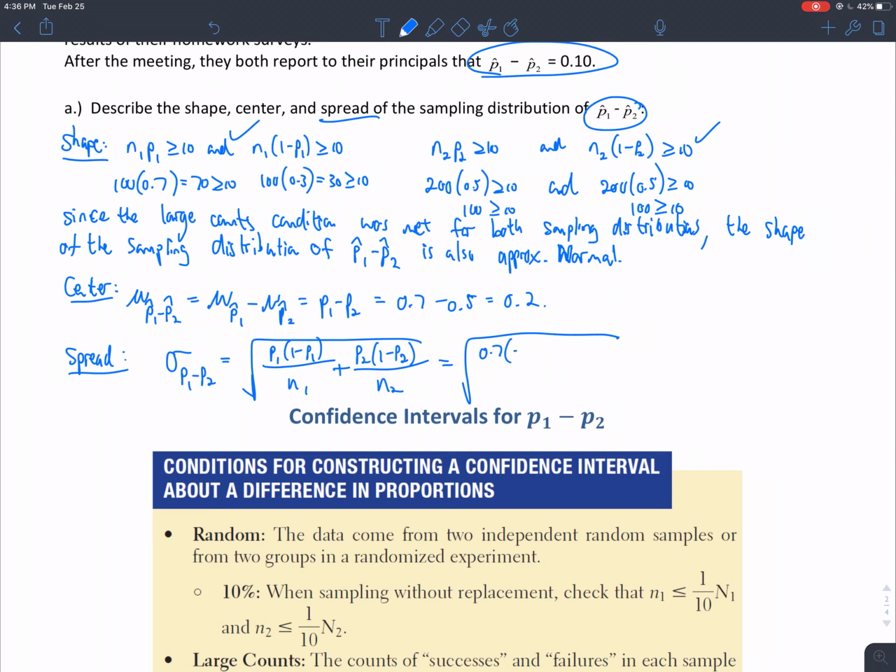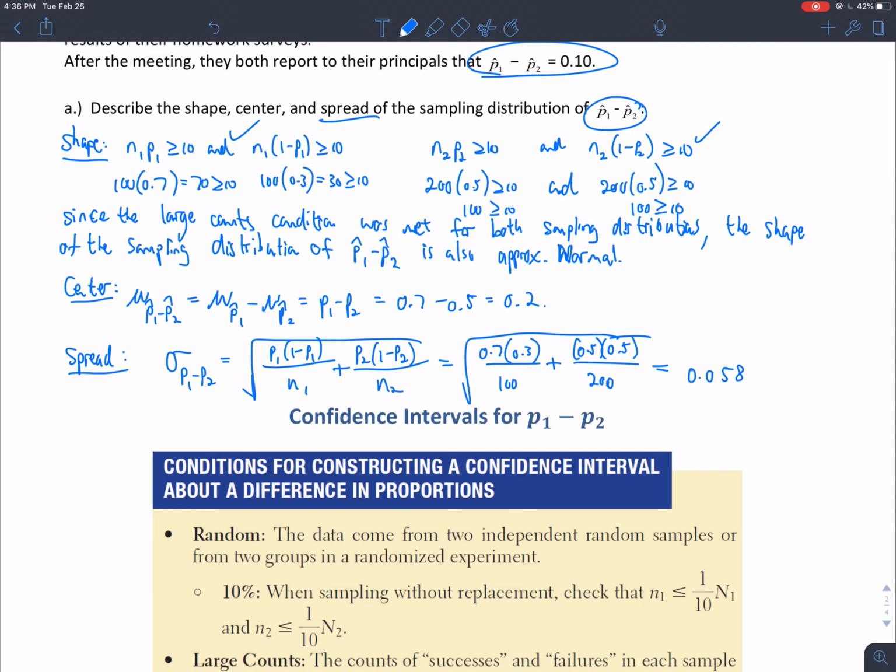So you get 0.7 times 0.3 over 100 plus 0.5 times 0.5 over 200. All right, and if you work that out, I think you get 0.058.